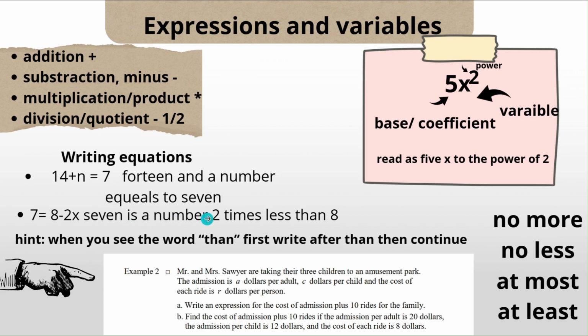"Is a number." Since we don't know which number it is, we gotta get just X, or you may prefer to get N or A, whatever you prefer to do. "2 times less than 8." See? If we went with just reading it, it would be a little bit different to set up this equation.